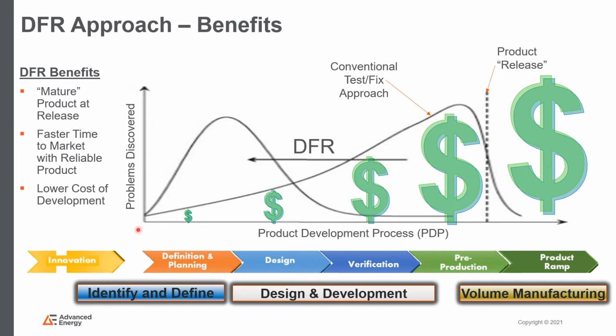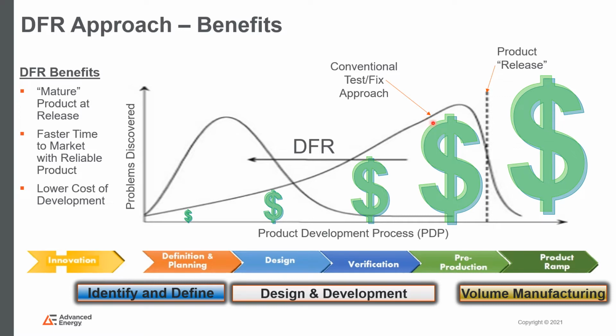So as we look at this, using a conventional test and fix reliability approach, a lot of times you'll find some things early on, but the majority of your findings come when the design is completed, the hardware is available, you start testing, you start doing margin testing, you have your hands on the design, and you want to find the problems and fix them.